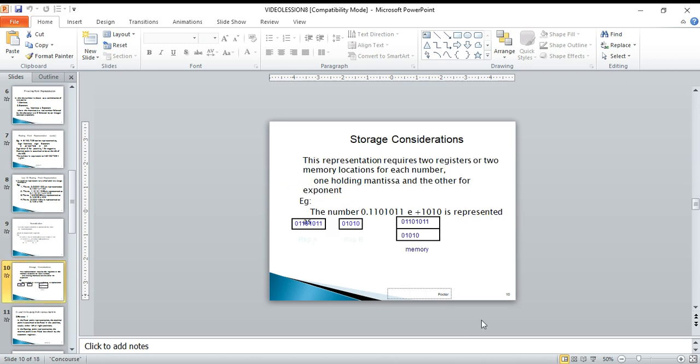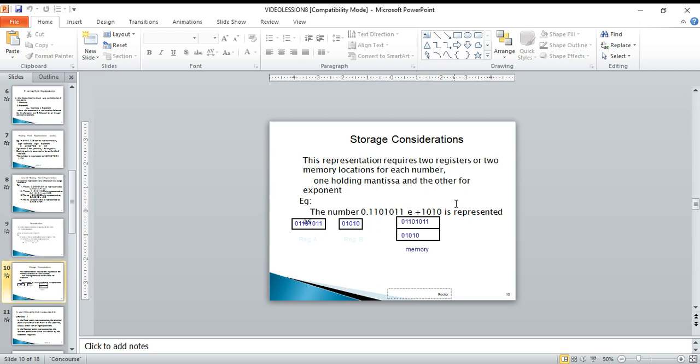Here, how can you store the floating point numbers in the floating point representation? In the previous class, we discussed the fixed point representation. To store a number represented in the fixed point representation, we need only one register to store that number, holding the magnitude bits.